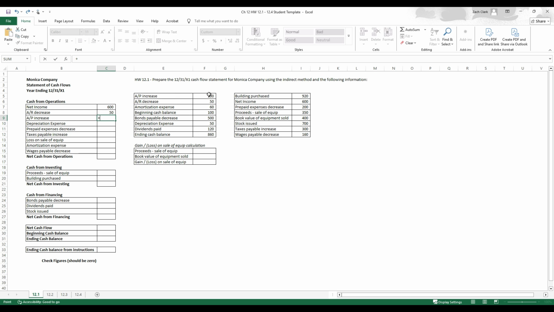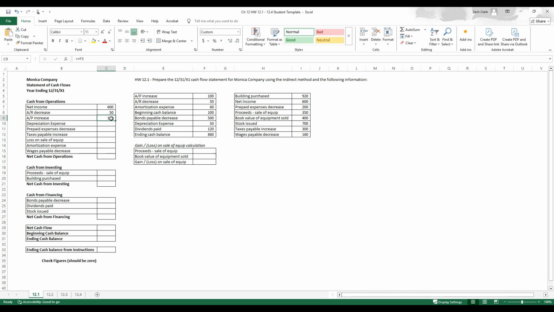If AP increased, that's an increase to our cash flow from operations. To think through that logically, if AP is increasing, it means that within net income there are expenses that do not represent cash actually being paid, but instead the accounts payable liability being increased.